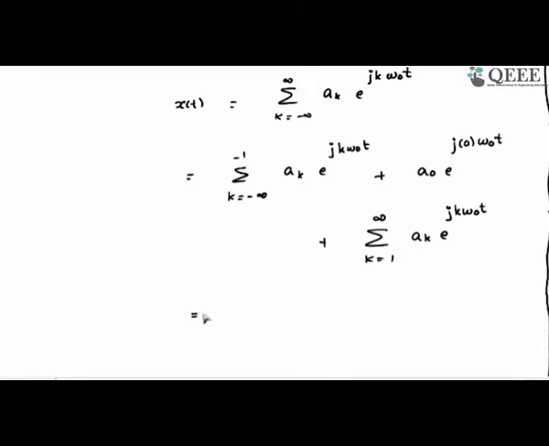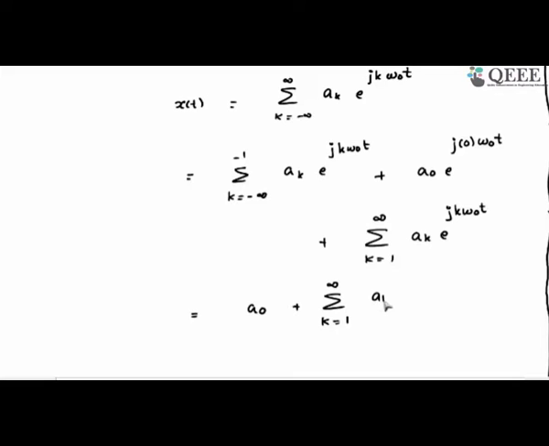So I can write this as follows. The 0th harmonic is nothing but a DC term, so it is a naught times 1, plus I am going to combine the positive and negative harmonics into one summation.